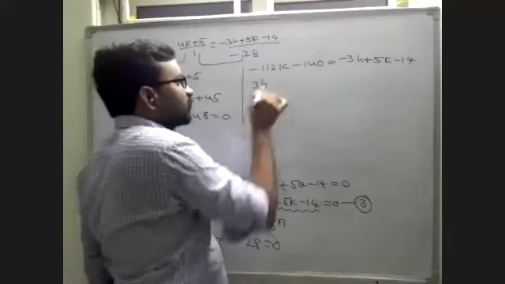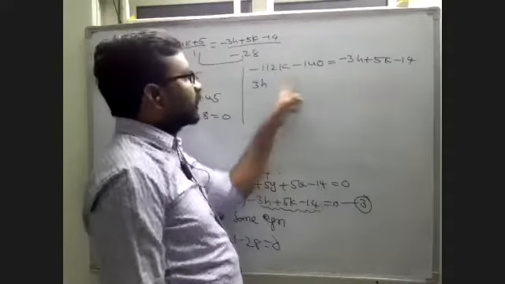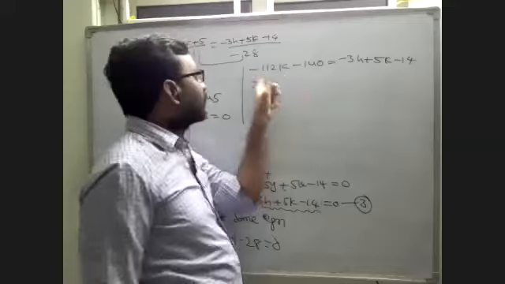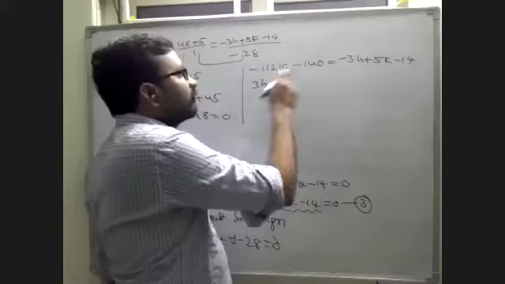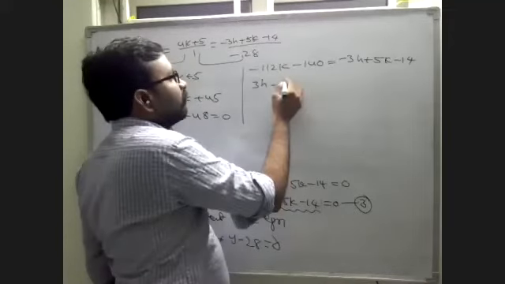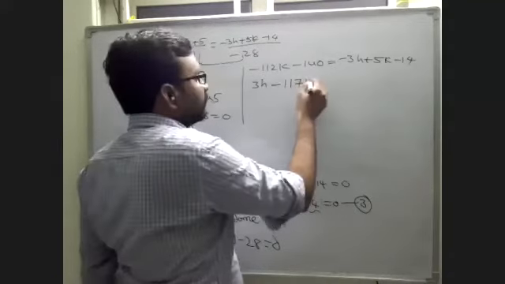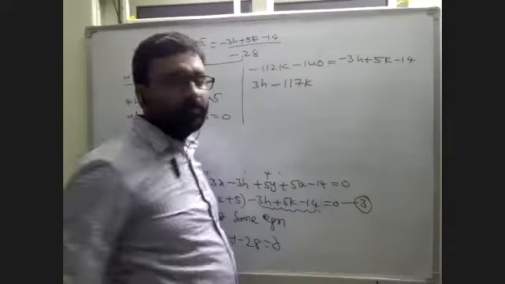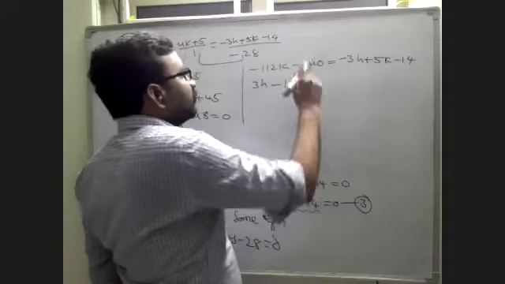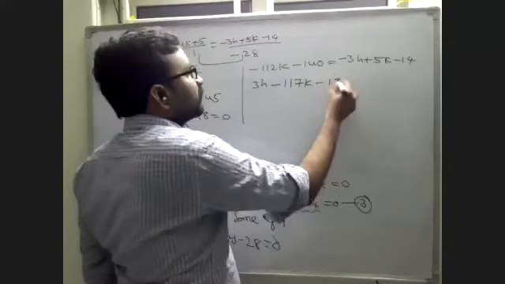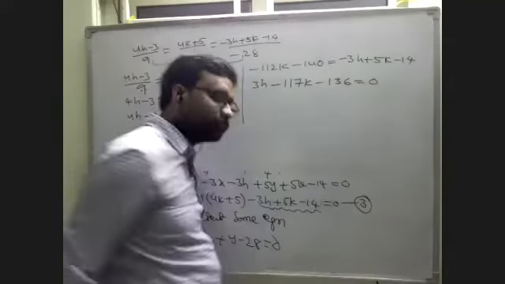Minus 3h will be plus 3h. And next, k term, 5 will be minus 5, already minus, so minus 112 and 5, 117, 117k, and minus 140, minus will be plus 14, then minus 136 is equal to 0.